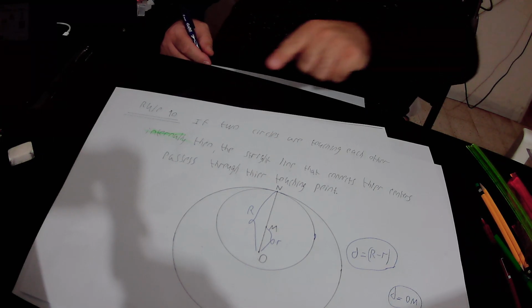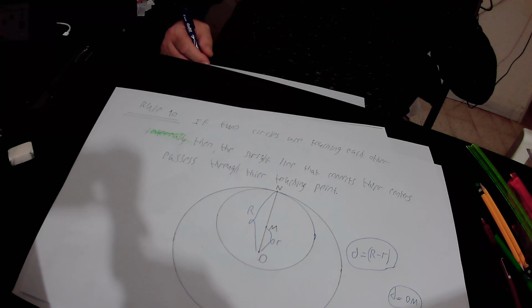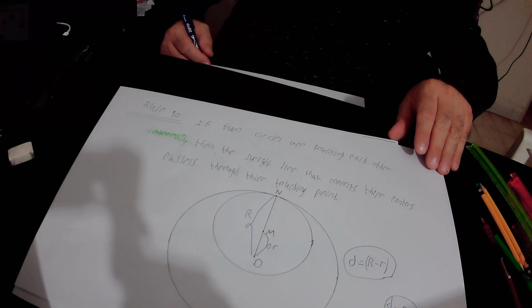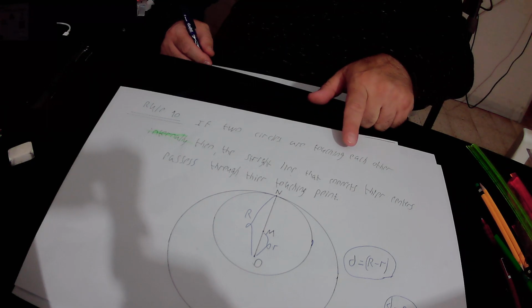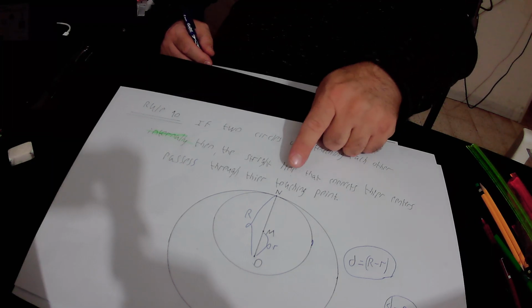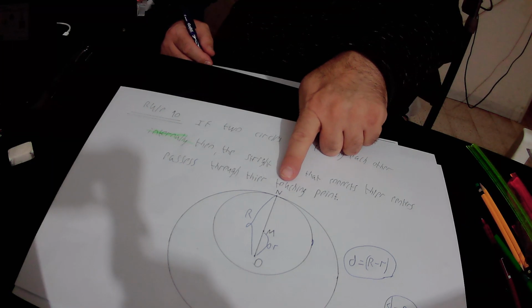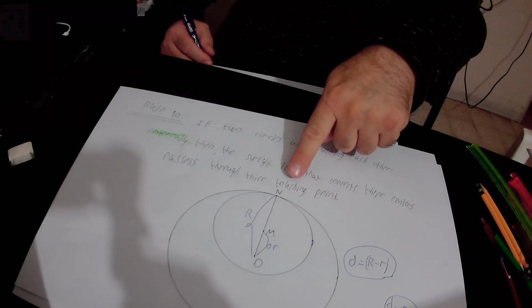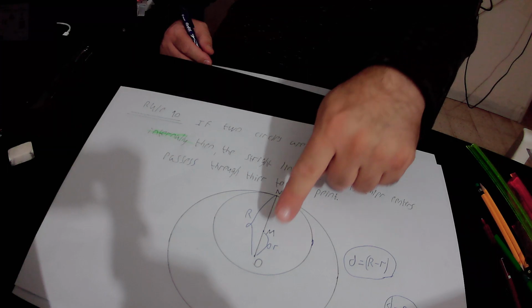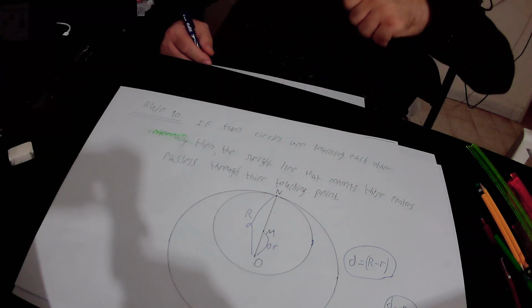I repeat again, if two circles are touching each other internally, then the straight line that connects their centers together passes through their touching point. Their touching point is at point N. That is to say, the straight line OM must pass through point N, that is to say, OMN is one straight line.